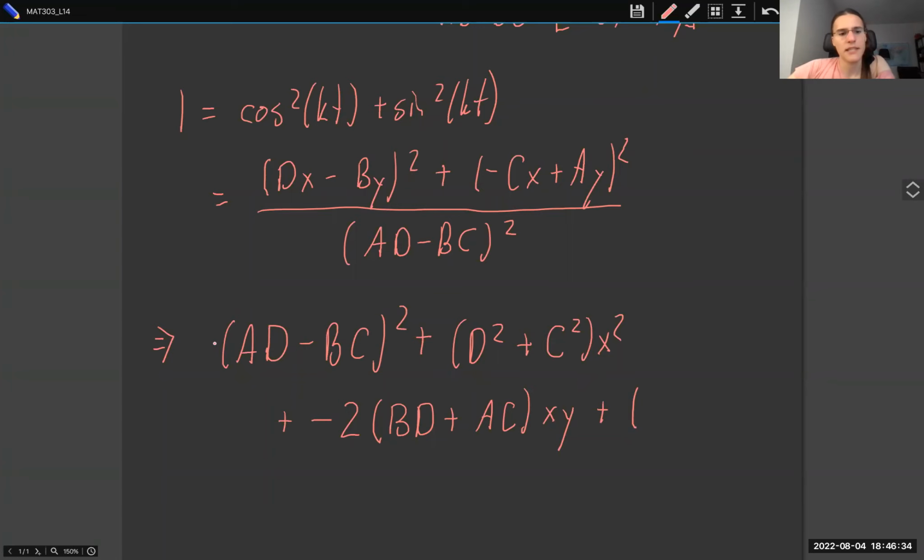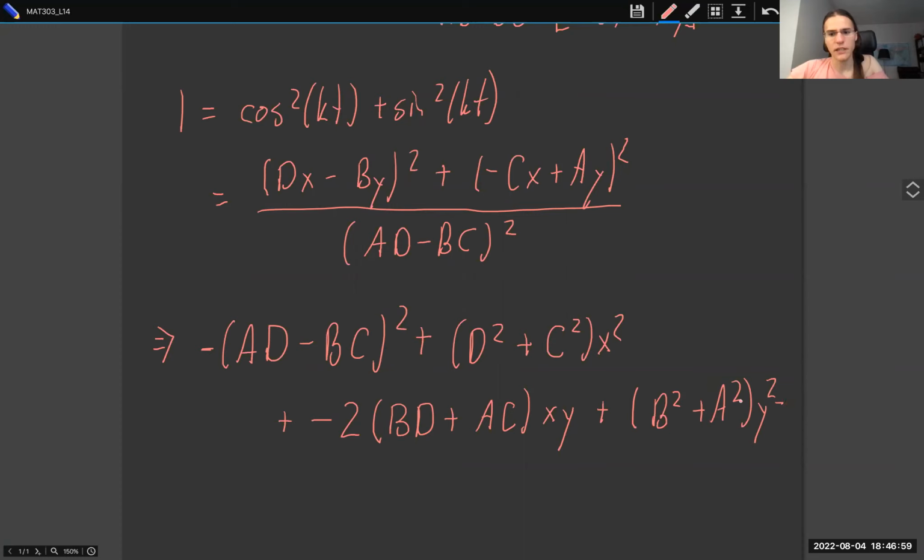I guess this is negative if I've moved it to the side. And then here we're going to have b squared. And it's good that it's negative because it sort of has to counteract these terms. Plus a squared y squared is equal to 0.